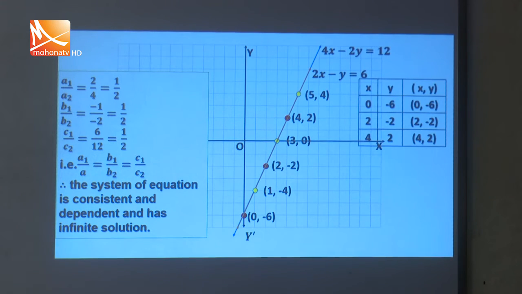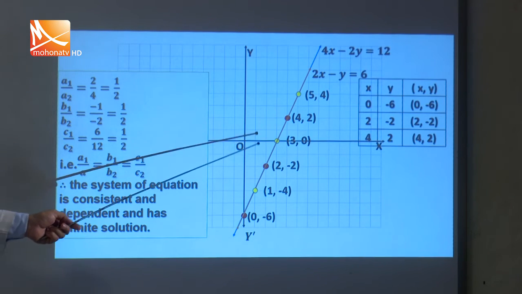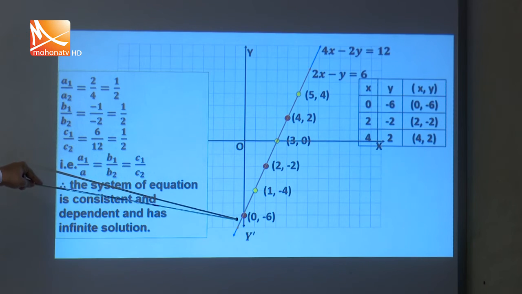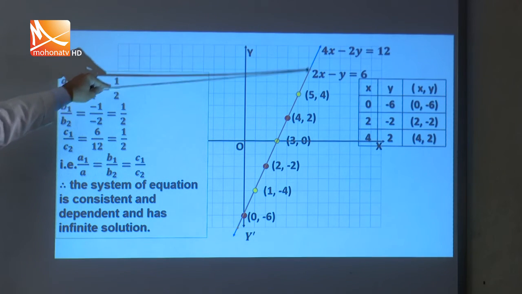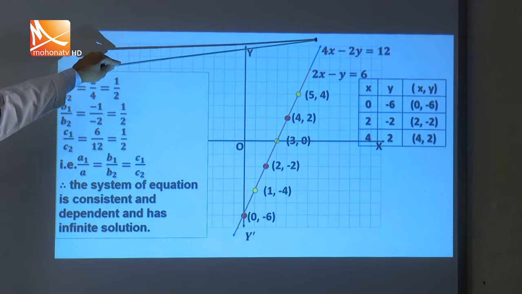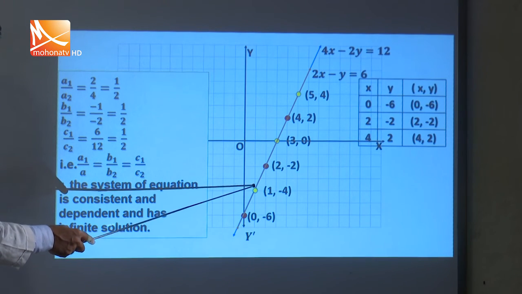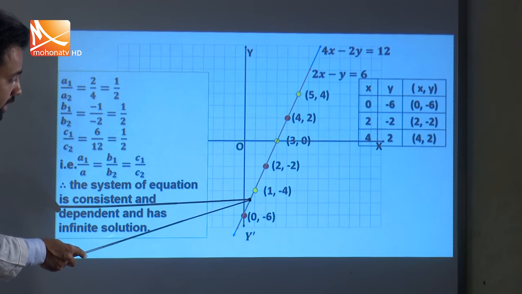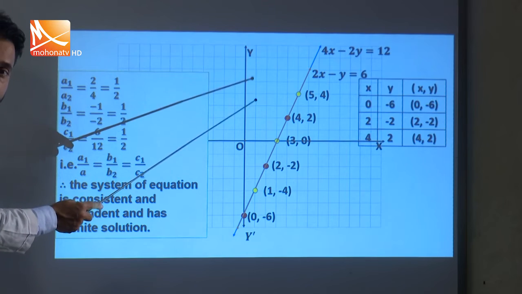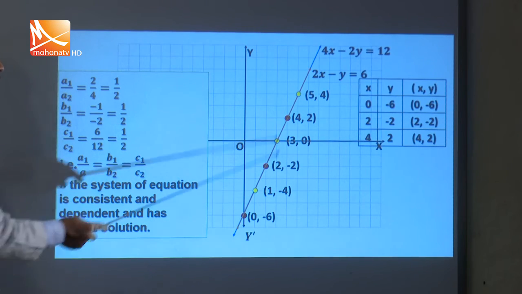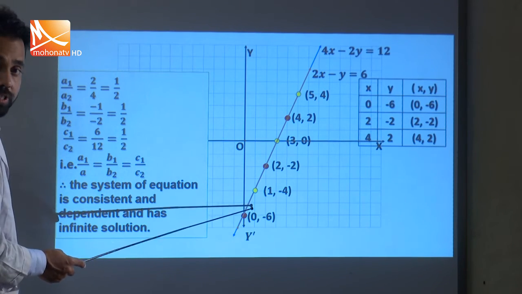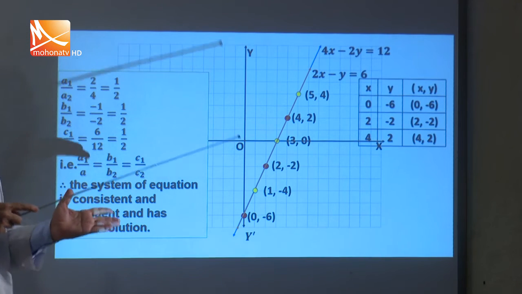Students, you can already see that there are many points on this straight line, that is, both straight lines coincide with one another. So there are infinite common points. If we take a point here, this point is situated on the first equation and also on the second equation, because the two straight lines coincide with one another.